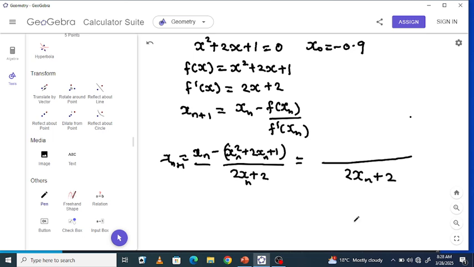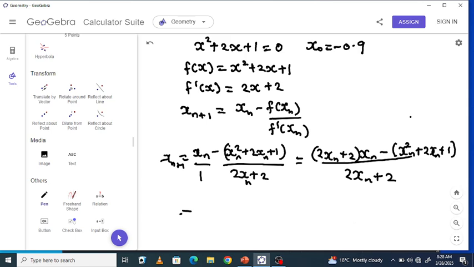That's the LCM, which will give you 2xn plus 2 into xn minus, we're still using brackets. Remember, the use of brackets is very important if you want to get a correct answer, xn squared plus 2xn plus 1.